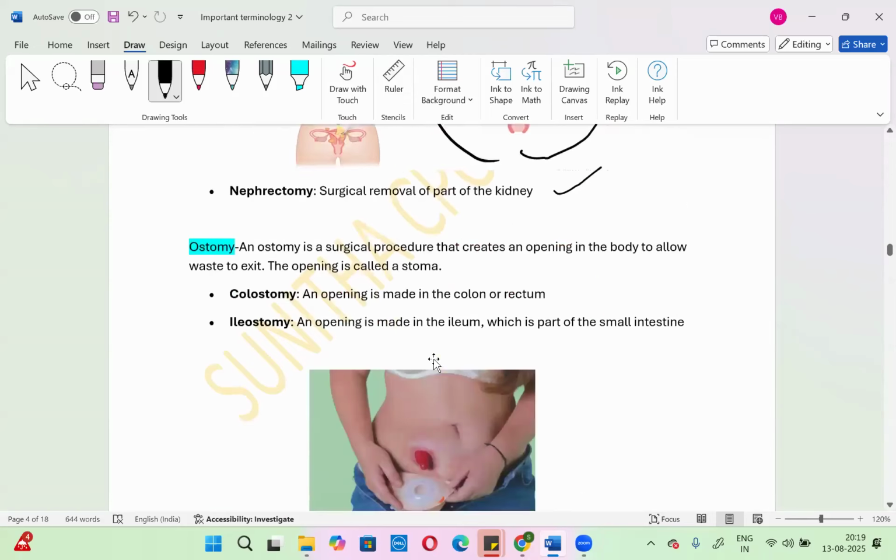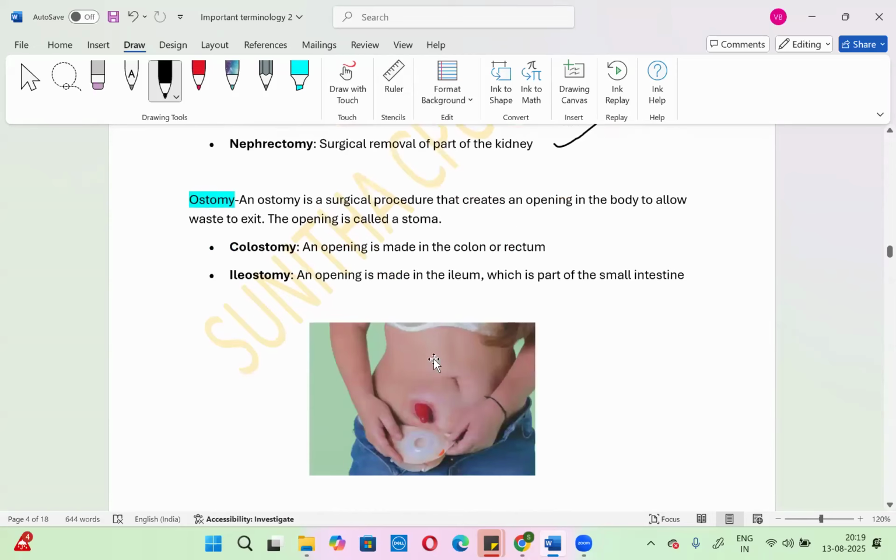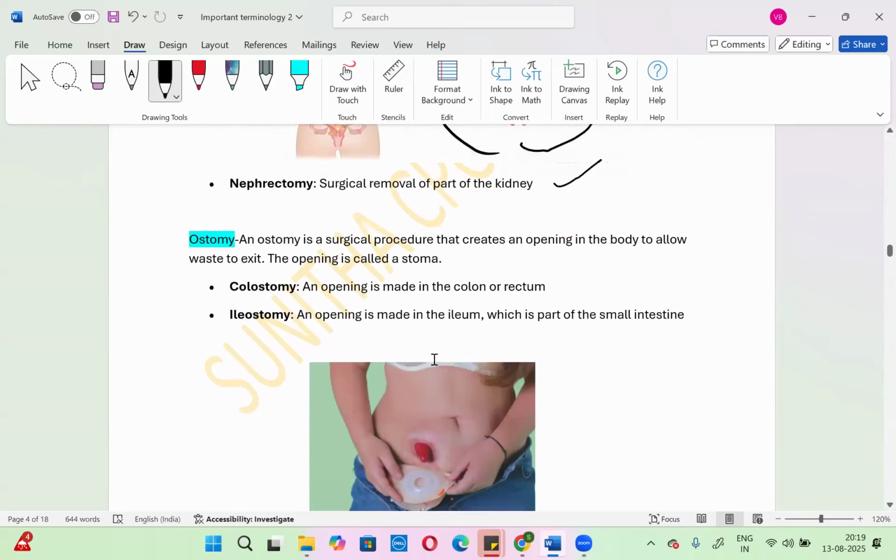Okay. Now next comes ostomy. What is ostomy? Ostomy is nothing but creating an opening. For example, the patient is unable to pass urine or unable to release the feces.